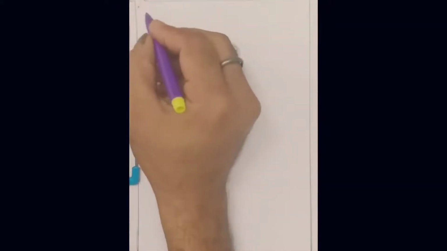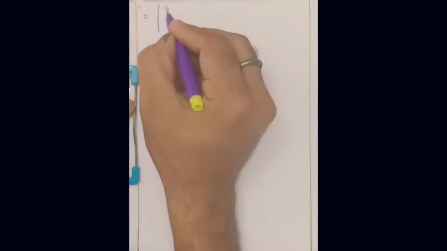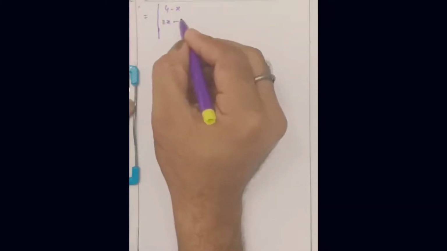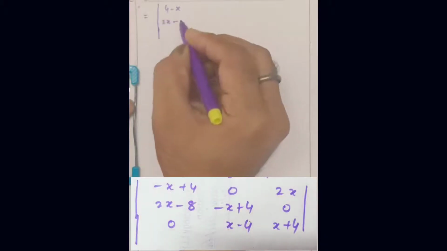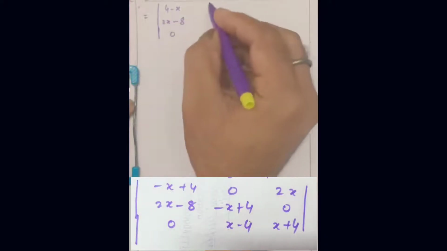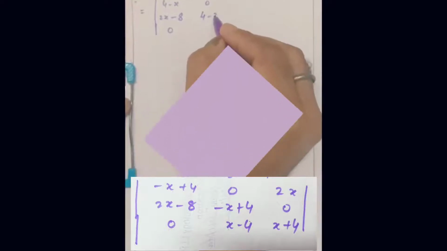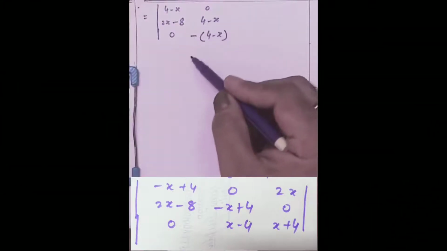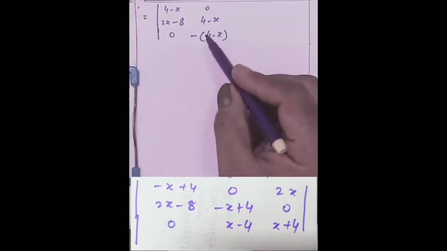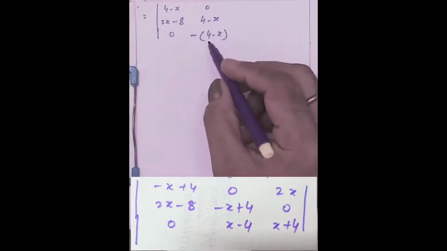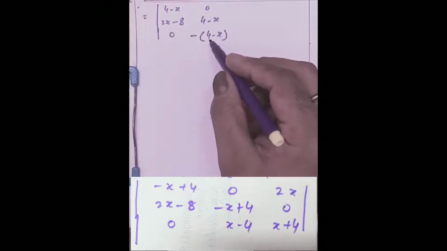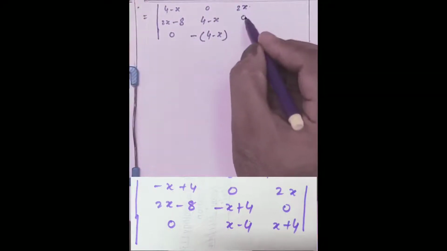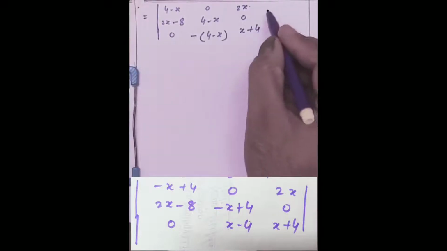Now the first column is 4 minus x, 2x minus 8, 0. The second column is 0, 4 minus x, and taking minus common from the third term, it will equal minus outside and 4 minus x, and the third column is 2x, 0, x plus 4.